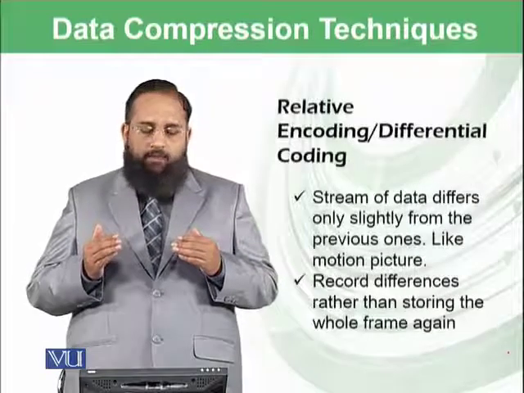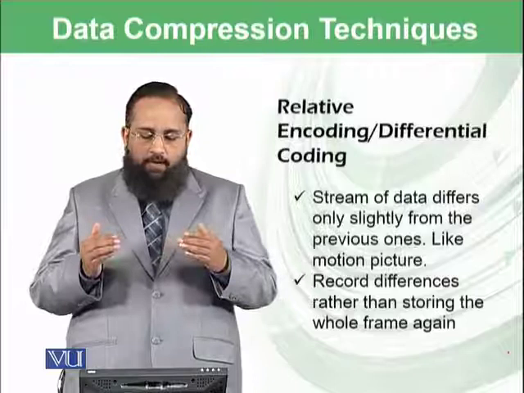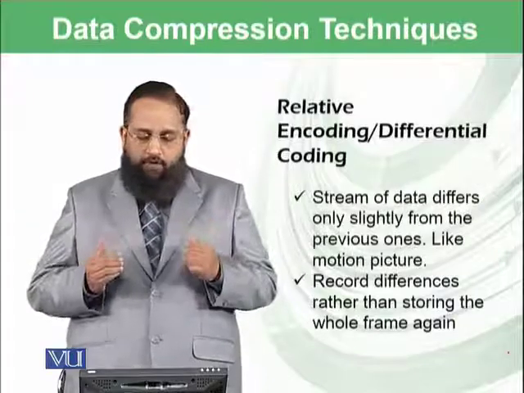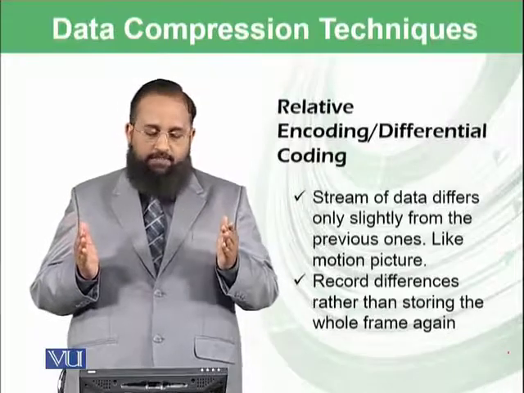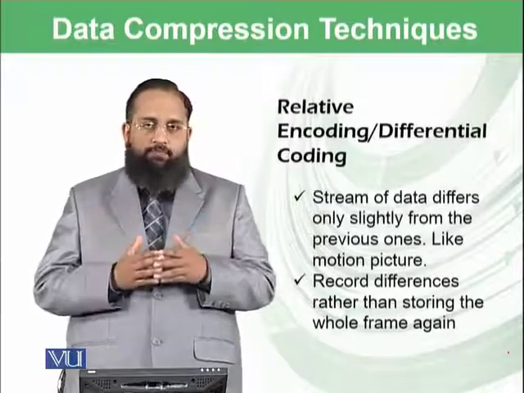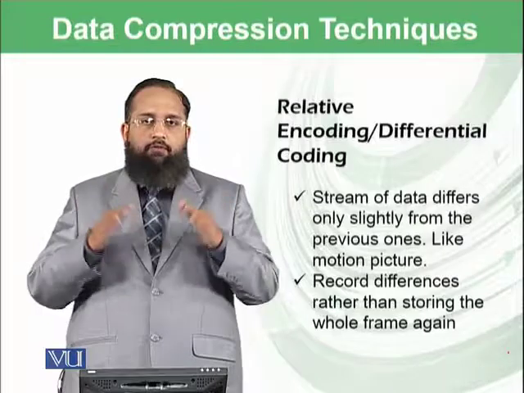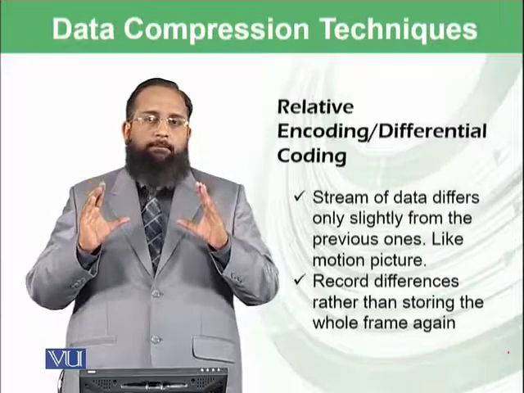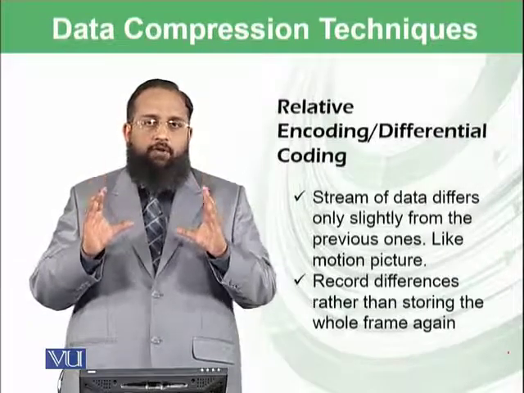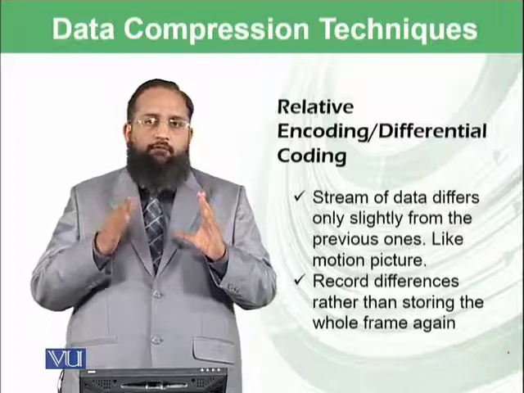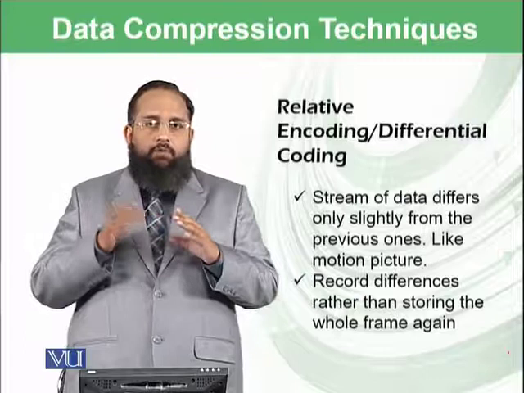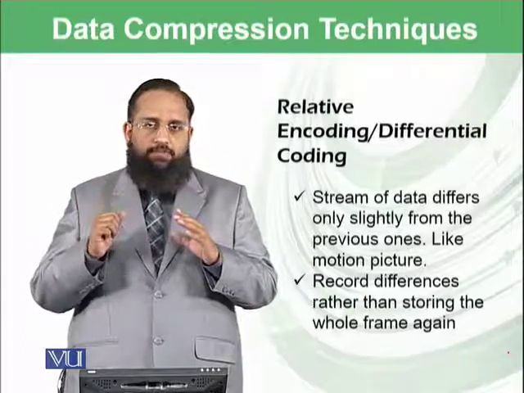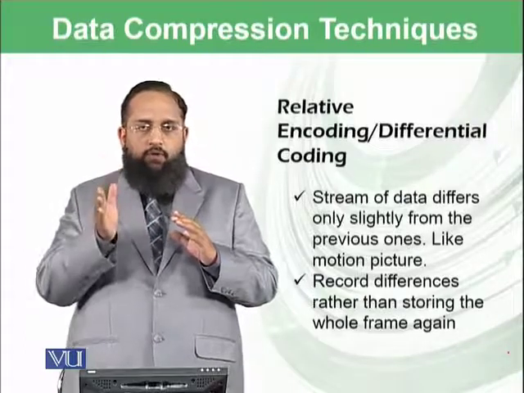Then there is another approach called relative encoding or differential encoding. Here, a stream of data differs only slightly from the previous one, for example, in a motion picture. If you want to compress a video, you know that video can be constructed from a number of small image frames.